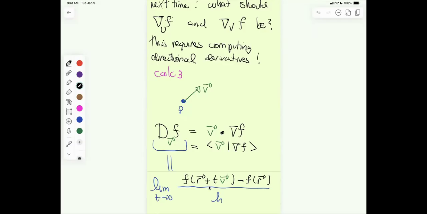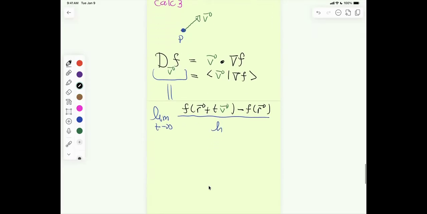So for this function, what I'll do next time is find the directional derivative, and then that will suggest what the gradient should be defined as. And once you have that, maybe I should give you a preview of what we will find next time: the gradient for that function that I found before.